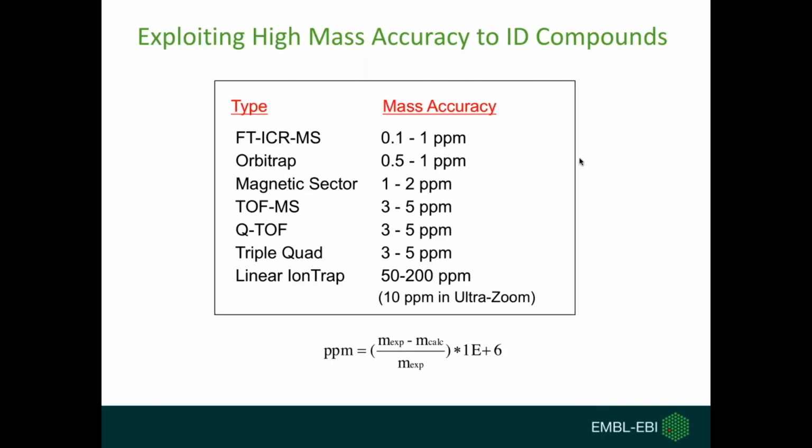You can still do a lot with it. But the resolution, the separation, is lower than if you go with an Orbitrap, which can pick up a lot more discriminated differences, down to 1 ppm differences in how it's calculated. And the formula below shows the expected mass and calculated mass and how ppm is calculated.